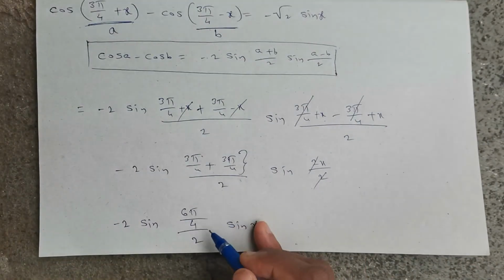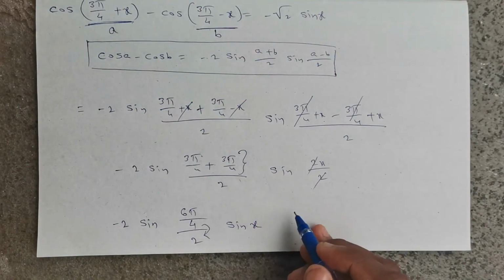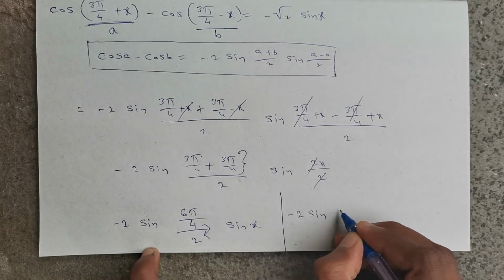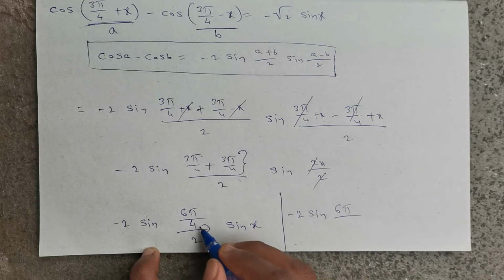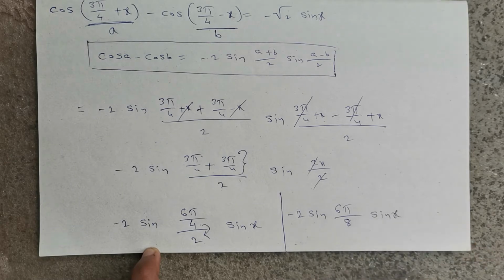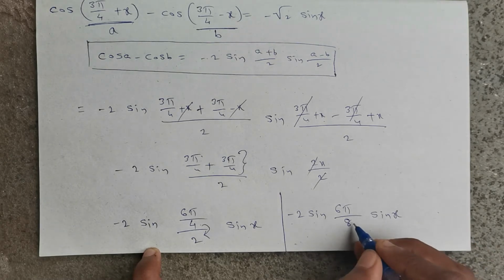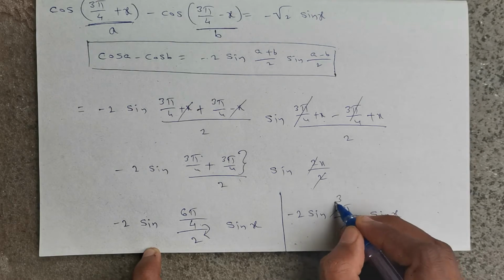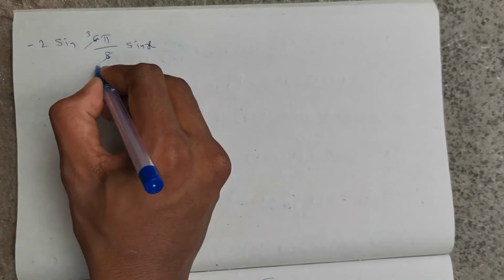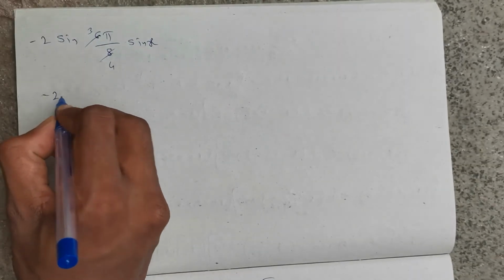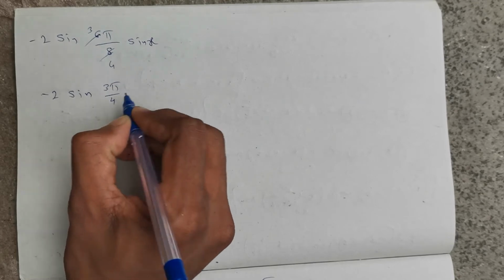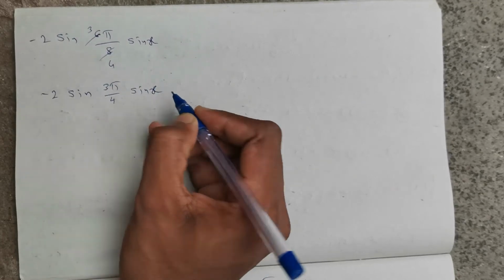Now this 4 will come down, so we get minus 2 sin 6 pi by 4 into 2, 8, into sin x. If you do simplification, 2 3s are 6, 2 4s are 8, so we remain with minus 2 into sin 3 pi by 4 into sin x.